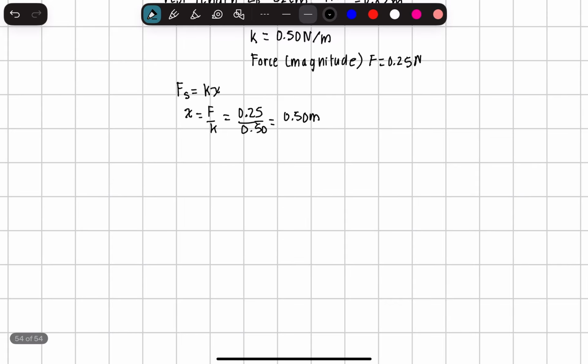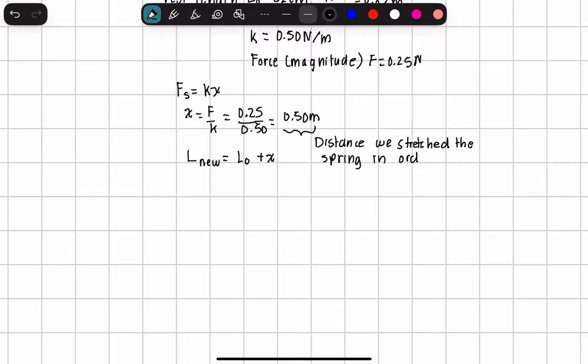Now, in order to find the new length, you have to add your initial length plus the x that we just solved for, which was the distance that we stretched the spring in order to produce a force of that magnitude with the spring constant.